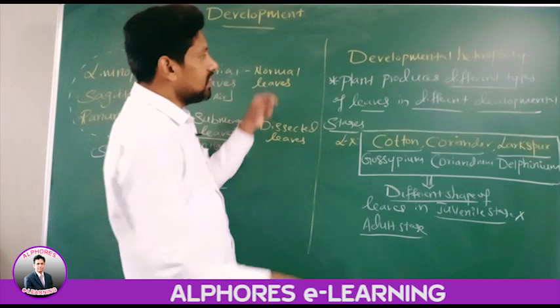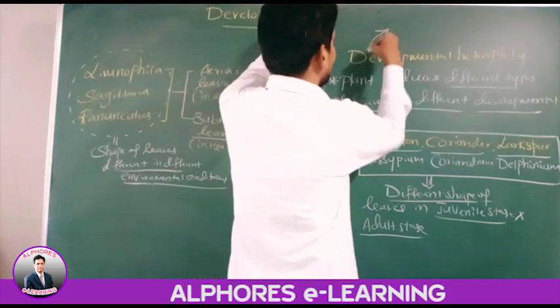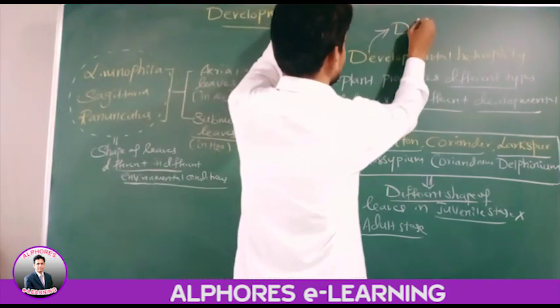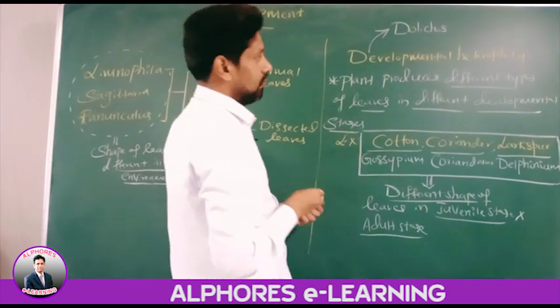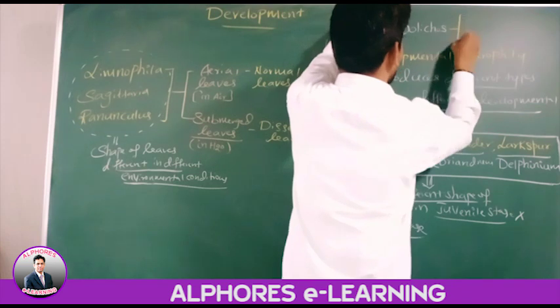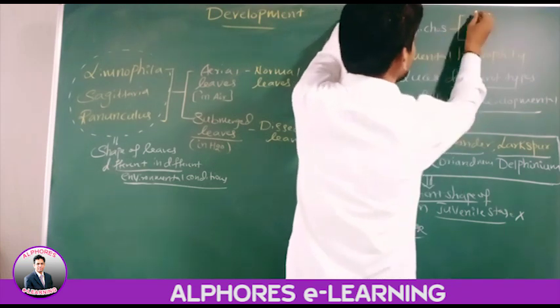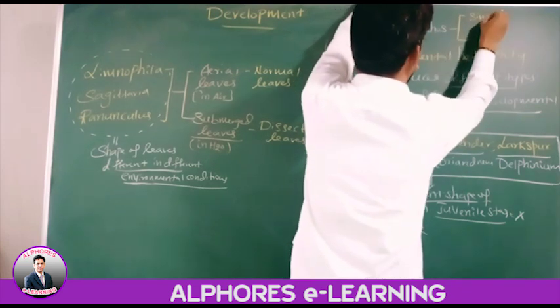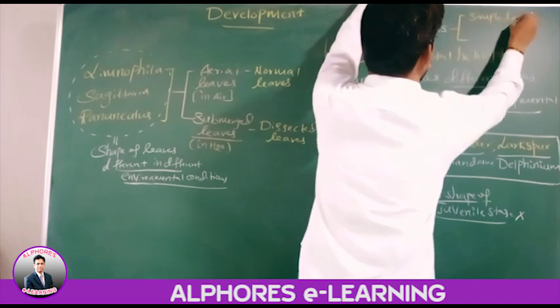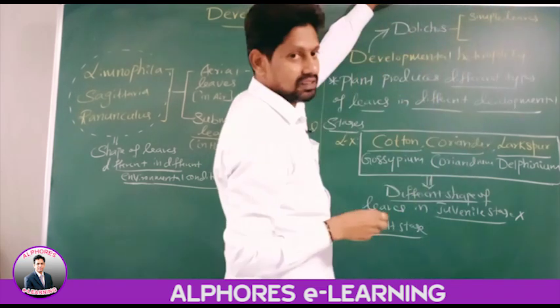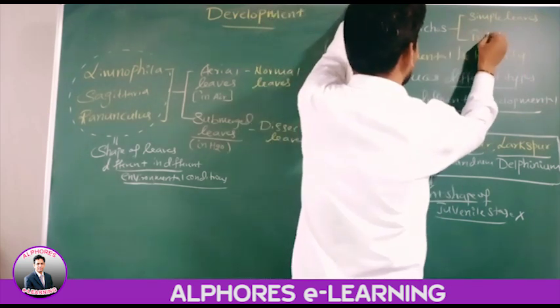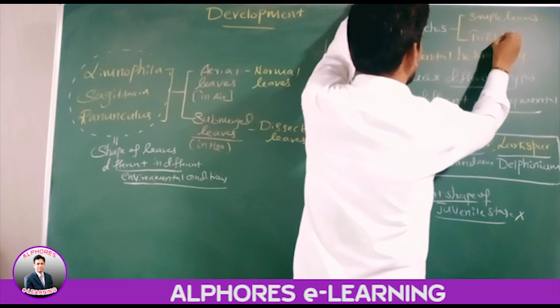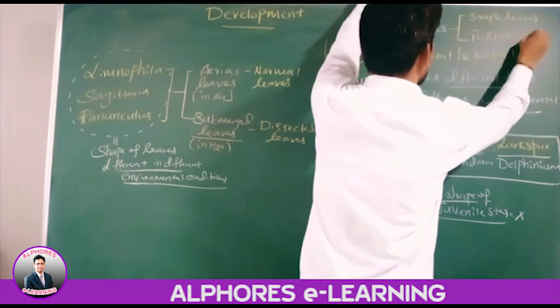Is it okay? In first year, for developmental heterophily, we read one more example, that is Dolichos lablab. Yes or no? In the case of Dolichos lablab, initially the leaves are simple leaves. Which leaves are present initially? Simple leaves. But when the plant becomes adult, it has which leaves? Trifoliate compound leaves.